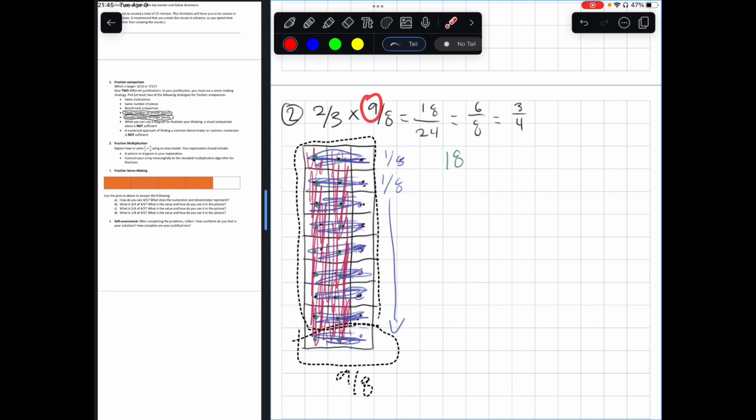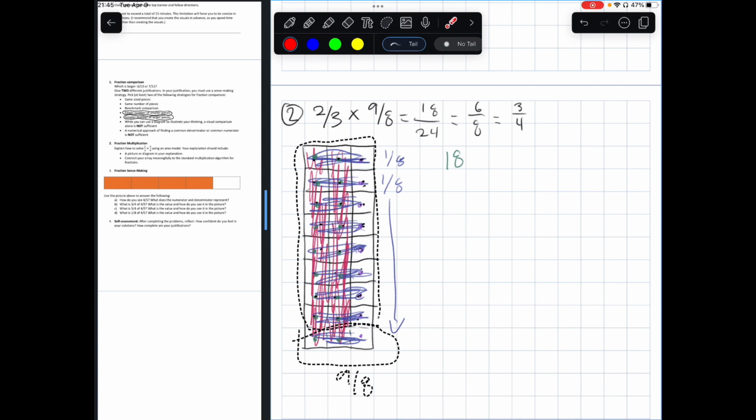But because we have this 9/8, we have these extras. Because if we were to just do these parts of our whole, our 8/8 are 1, we would only have 1, 2, 3, 4, 5, 6, 7, 8, 9, 10, 11, 12, 13, 14, 15, 16. We'd only have 16 pieces, which would not be correct.